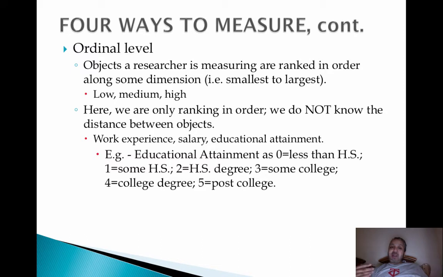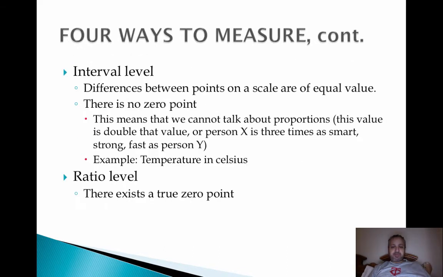Because the 5 is greater than the 1 or the 0, right? But it's still not like a real number in the sense you can't do like, well, 5 minus 3 is 2, you can't do that, and there's not an equal distance between the different categories, between the different objects or events. Okay, so that's the ordinal level of measurement.